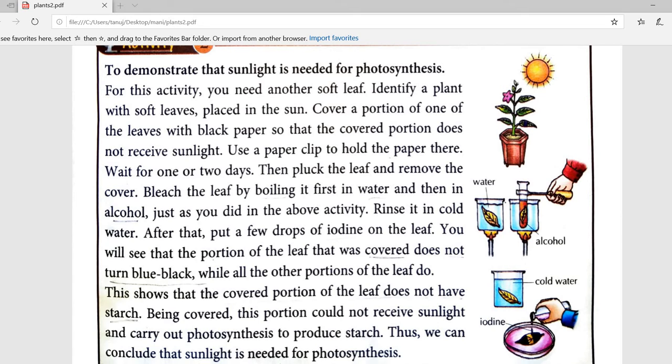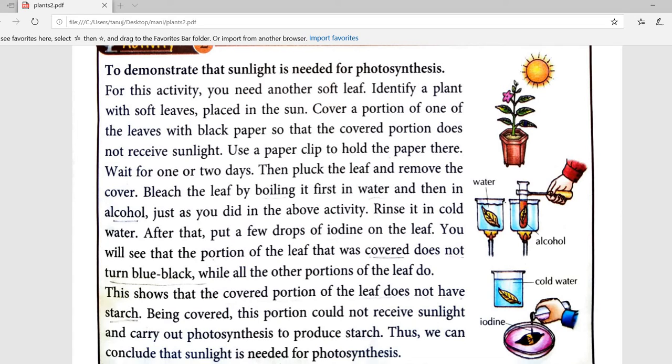But in this activity, we covered the leaf with black paper, boiled it in water and in alcohol and in cold water, and afterward we put some iodine drops on it.